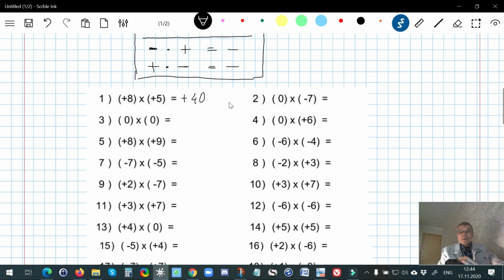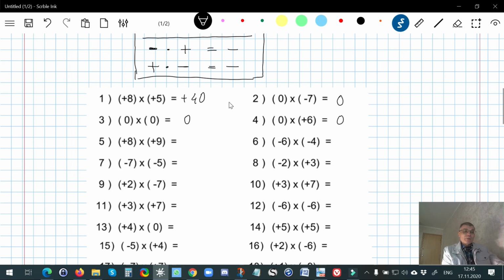So negative 0 is the same as positive 0, and it's just 0. So in this case, no need to stress that it's negative, just 0. Two zeros, of course, give us also 0. 0 multiplied by positive 6 is also 0.